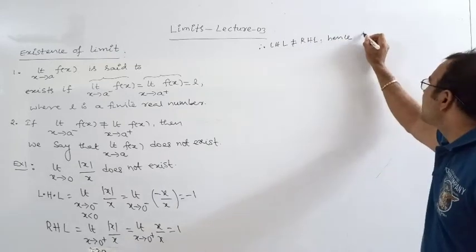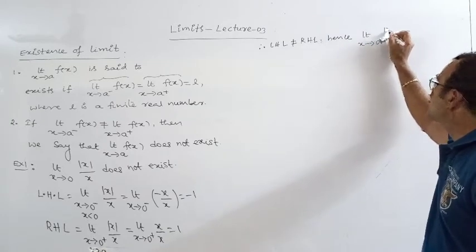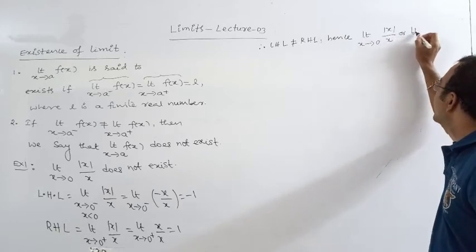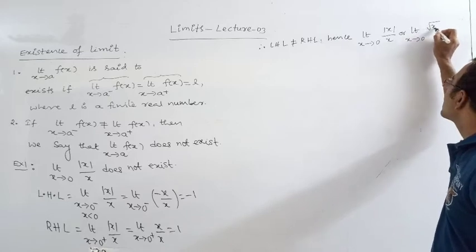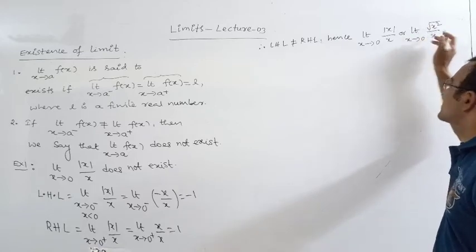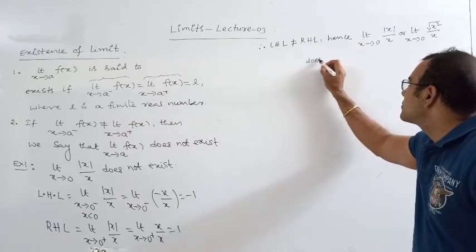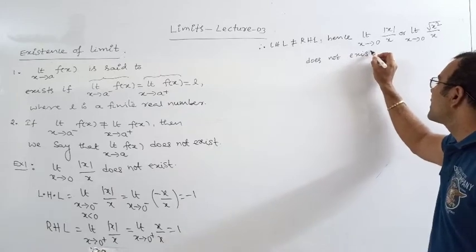Hence, limit x tends to 0 of mod x by x, or you can say root x squared by x, both are the same, does not exist. I think you are understanding.